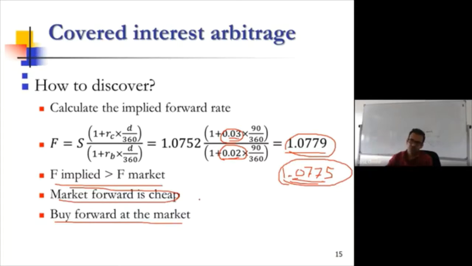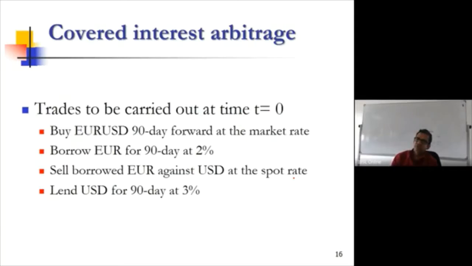You buy euro at this rate for a 90-day period. Buy a 90-day forward at 1.0775. That's the first thing that you do. So these are the trades that you have to carry out at time 0. You buy euro against dollar in the 90-day forward at the market price.